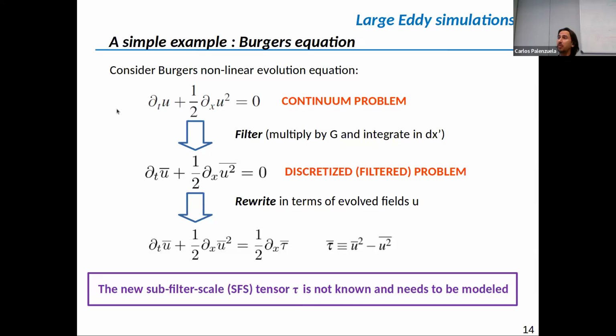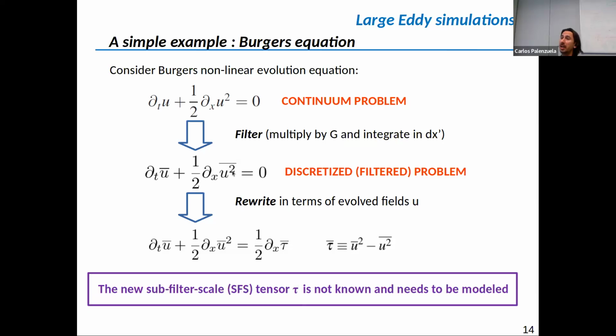We apply the filter by multiplying by the kernel and integrating in delta x prime, and then we get this discretized or filtered problem. But this problem is not closed because we don't know how to calculate the average of U square. We know how to calculate U bar or U average, but not U square average.